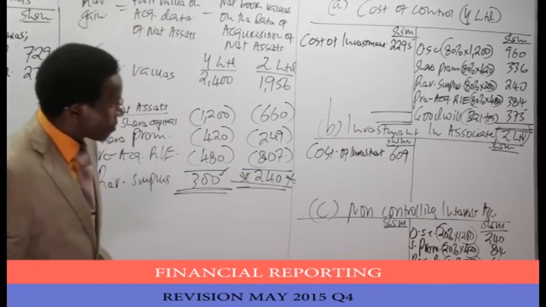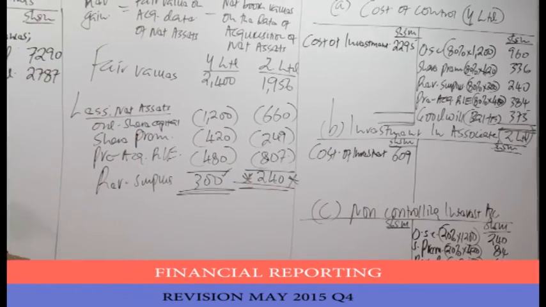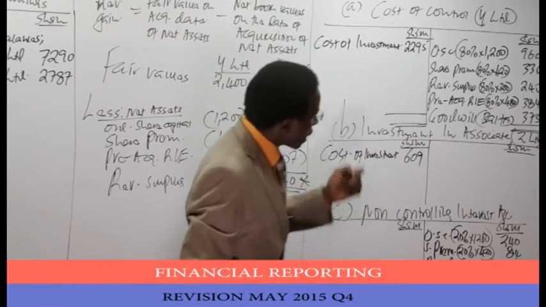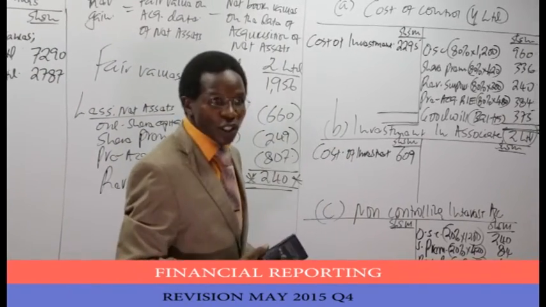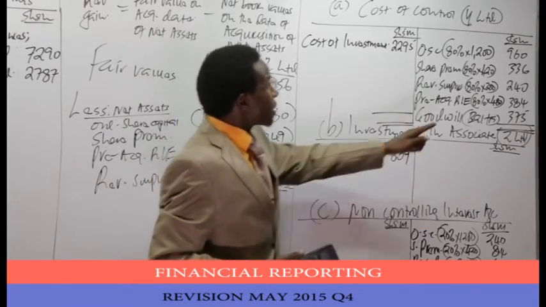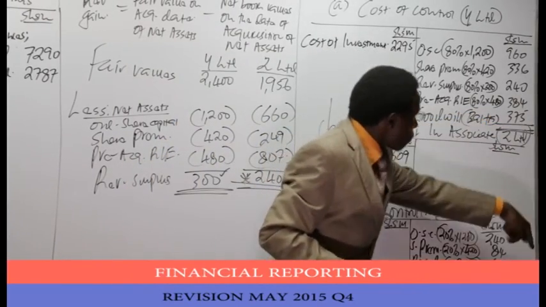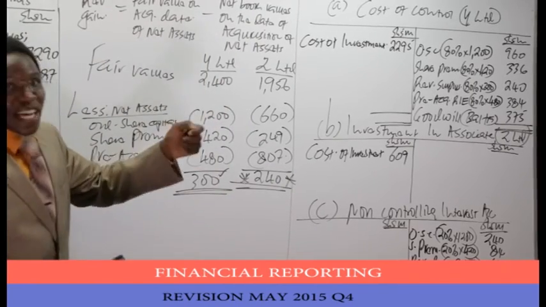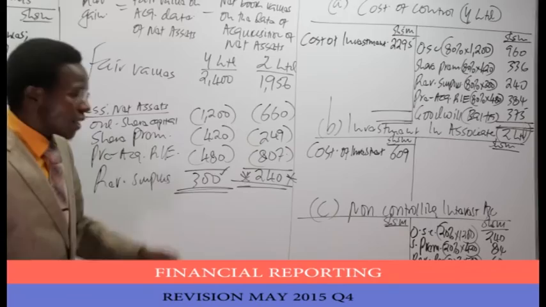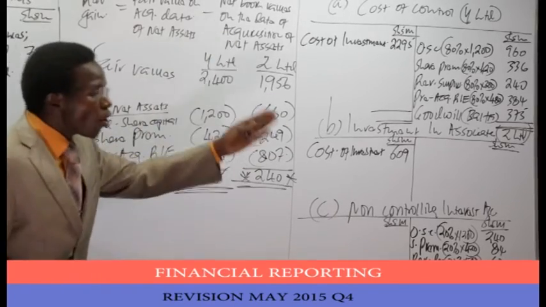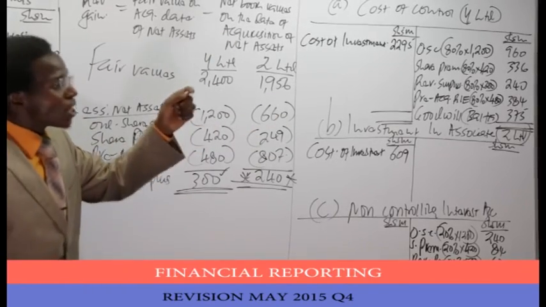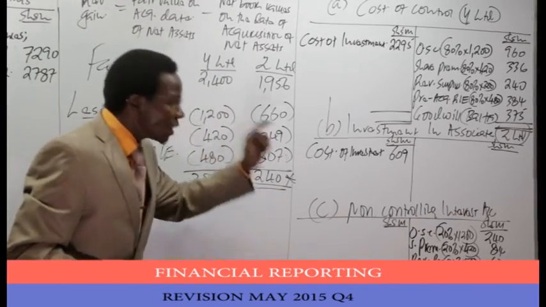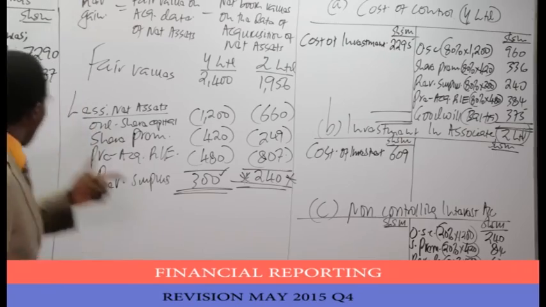Retained earnings. Remember, out of the total retained earnings, there is pre-acquisition retained earnings. We have taken into account the 80% of pre-acquisition retained earnings. But there is the NCI share of the total retained earnings. Whether pre or post, the NCI share of the total retained earnings in the subsidiary will be recognized in the non-controlling interest account. So I come back here.